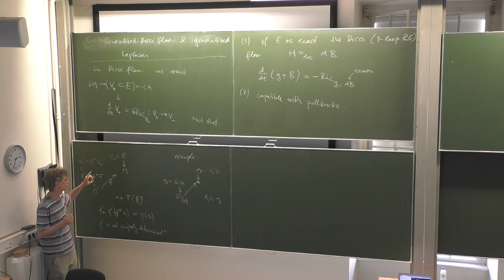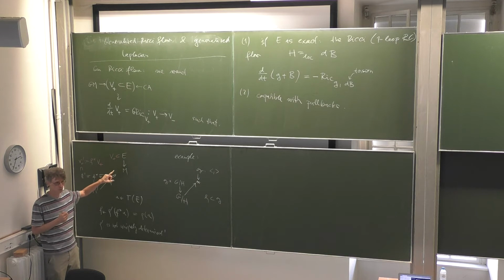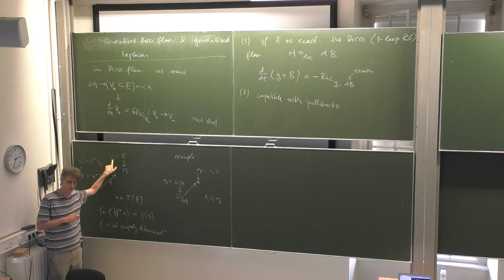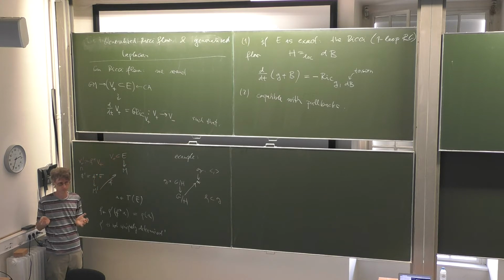I didn't disclose what it was, but I told you that if you have an arbitrary Courant algebroid and a generalized metric, it still gives some kind of two-dimensional boundary field theory. So one should still be able to compute the renormalization group flow for that, and it should be reasonably uniquely determined from Feynman diagrams, basically.